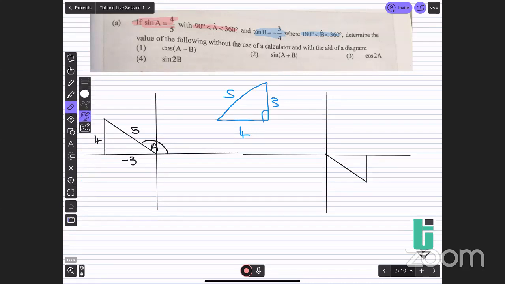And what's 4 squared? 16. 3 squared? It's 9. 16 plus 9 is? What's the square root of 25? 5. Do you understand why I'm writing -3 here? It's on the left side.